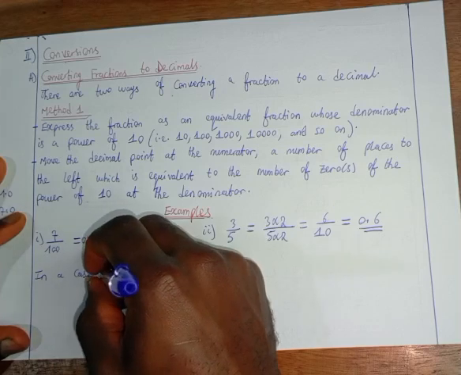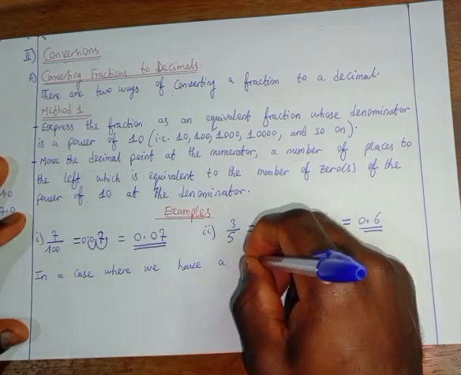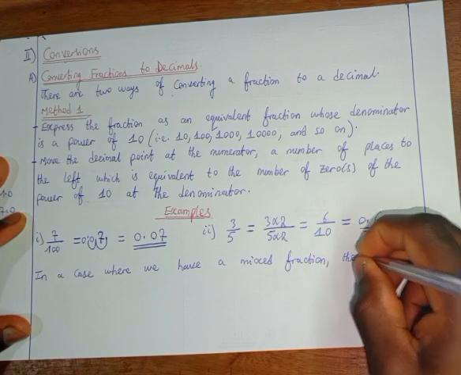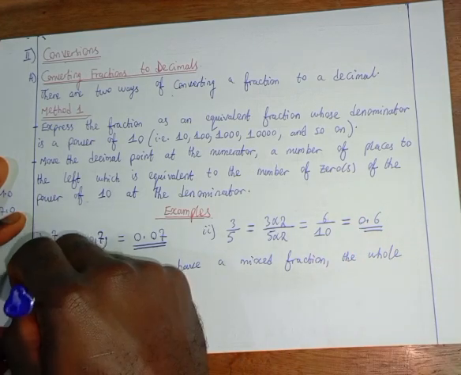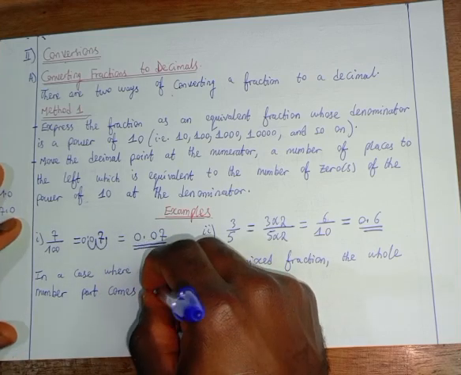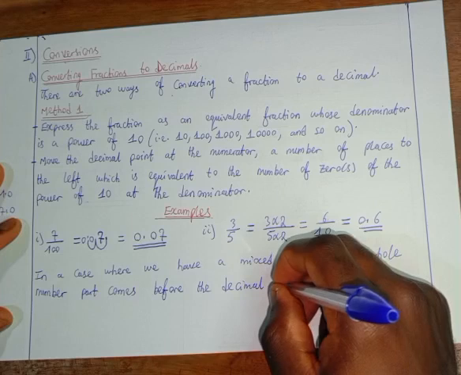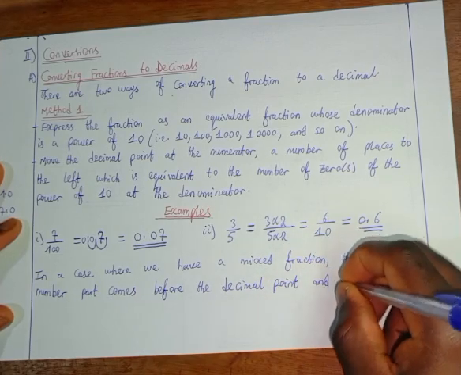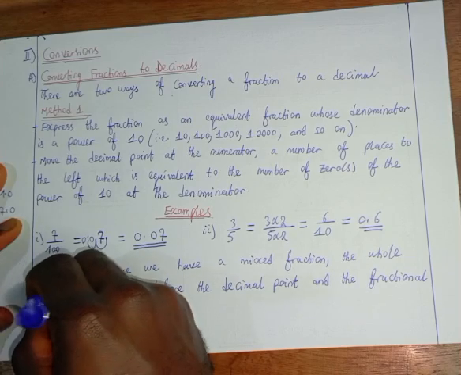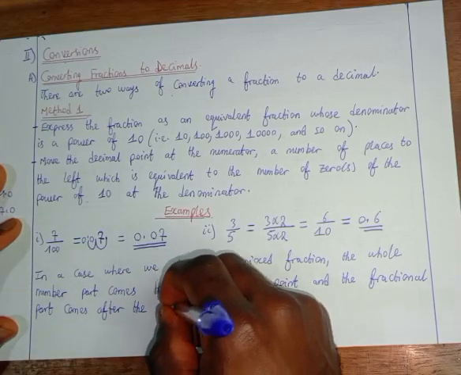In a case where we have a mixed fraction, the whole number part comes before the decimal point, and the fractional part comes after the decimal point.